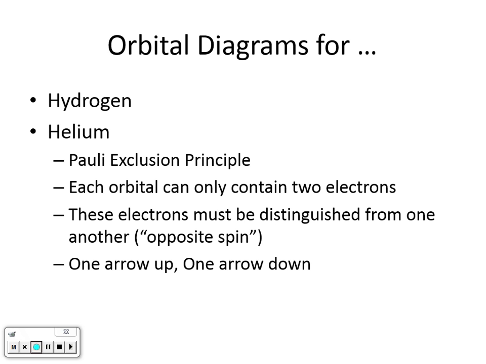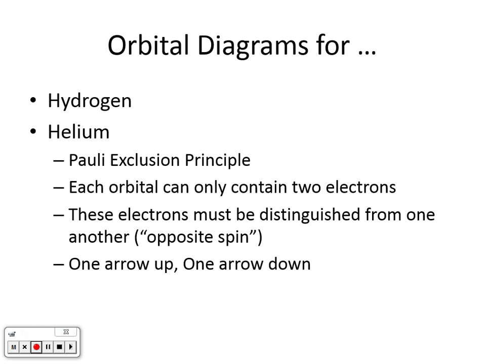However, we have to distinguish between those 2 electrons. And we say that those electrons have what we call opposite spin. Notice, spin is in quotation marks. It doesn't necessarily mean that the electrons are spinning in opposite directions. It's a way for us to tell one electron from the other electron.